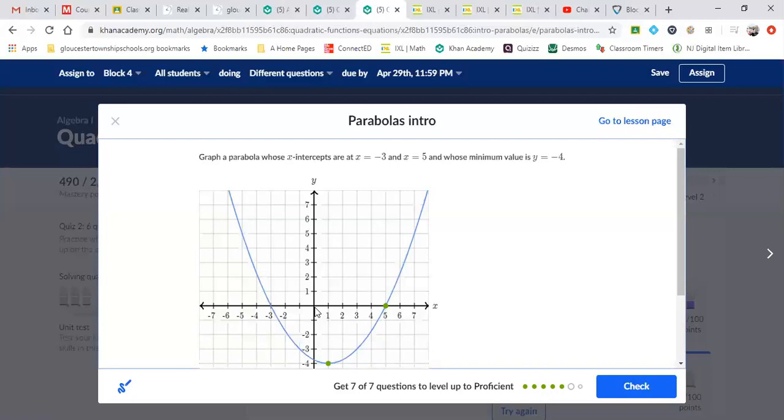So it's either -3 plus 4 or 5 minus 4. So the x value of my symmetry line is 1, the center of my two x-intercepts. That'll be true every time because the parabola has reflective symmetry left and right based on this axis of symmetry. And that's what you need to know to answer this question.